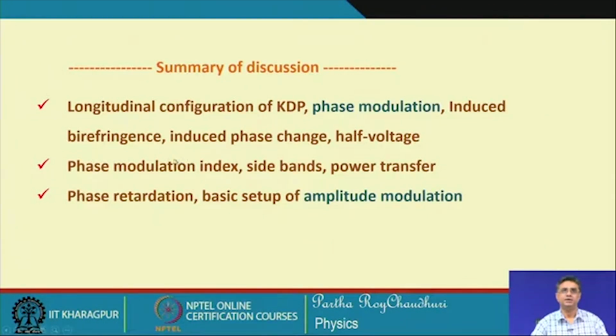Then in this configuration we also evaluated theoretically the phase modulation index, sidebands, and how the power is transferred to the sidebands for a given value of the modulation index, which is equal to 2.4048, that is where the Bessel J 0 is 0. Then for amplitude modulation, we looked at the phase retardation and the basic setup and how it can be used as an amplitude modulator with crossed polarizers at the input and output, that also we have discussed. Thank you.